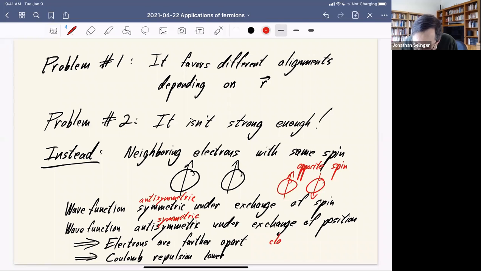And so in that case, the electrons are closer together, and then the Coulomb repulsion is higher. So this makes a Coulomb effect, which favors same spin, and it disfavors opposite spin.